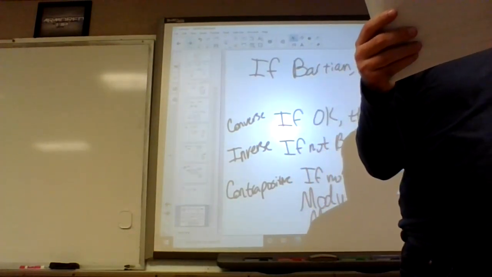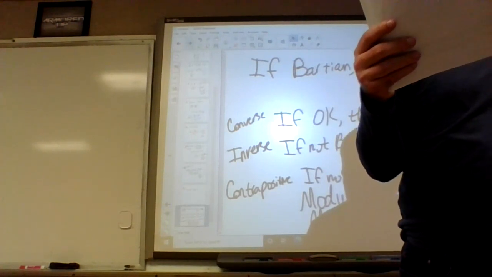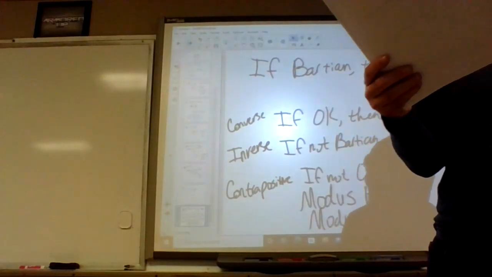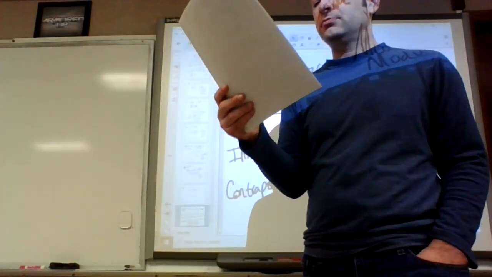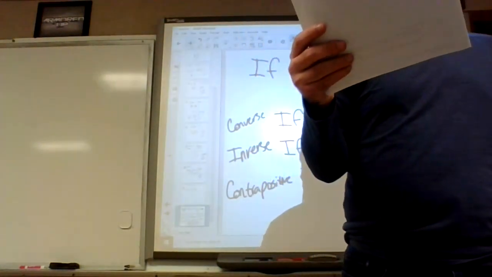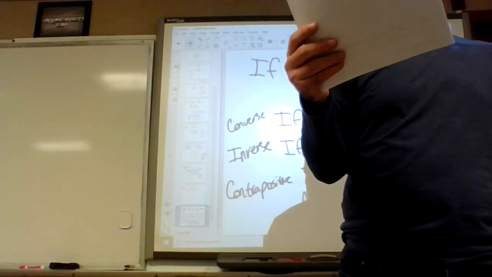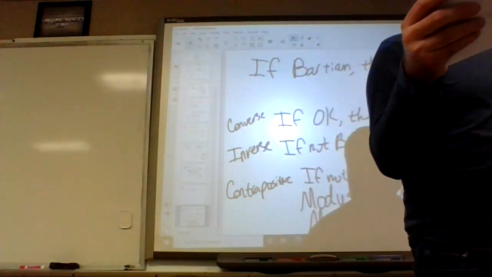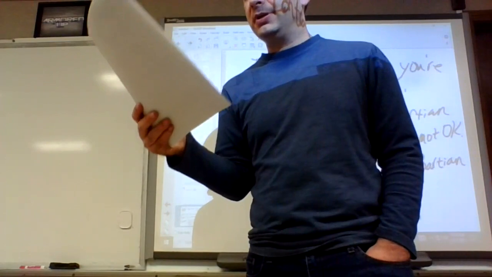C, I am not learning, therefore I am not studying. That's the contrapositive. And then D, I am not studying, therefore I'm not learning. Assuming the inverse, that's also a false assumption.